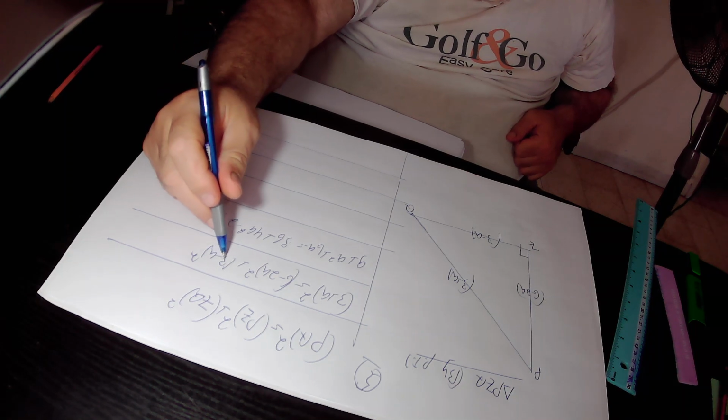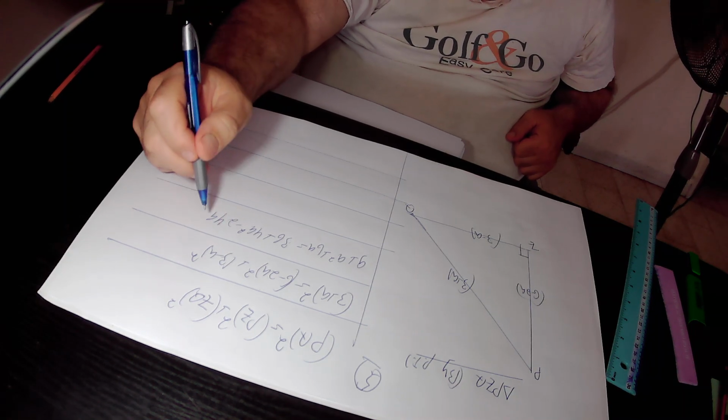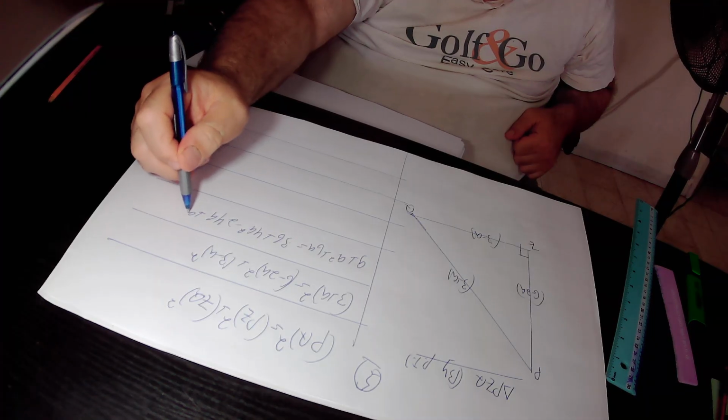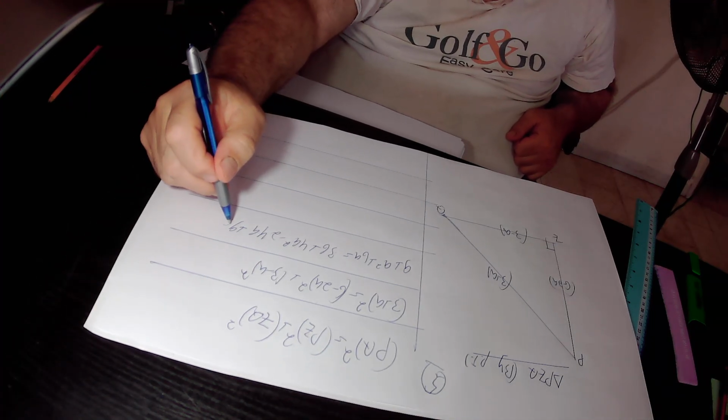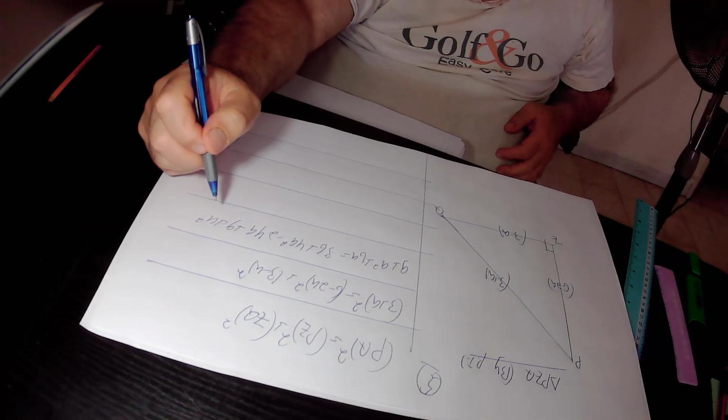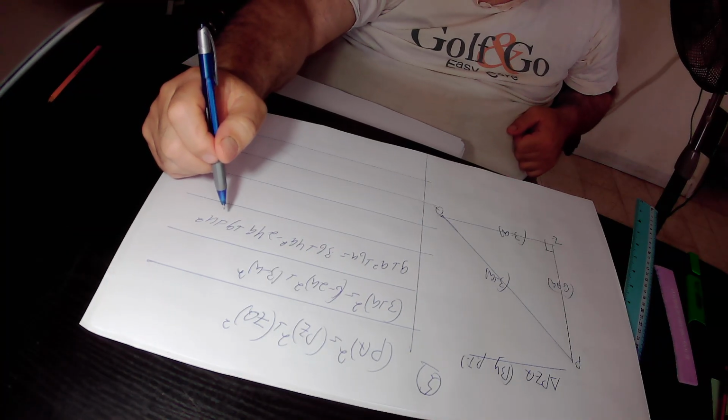Plus (3 minus A) squared. (3 minus A) squared equals 3 squared, that is 9, plus A squared, minus 2 times 3 times A is minus 6A.